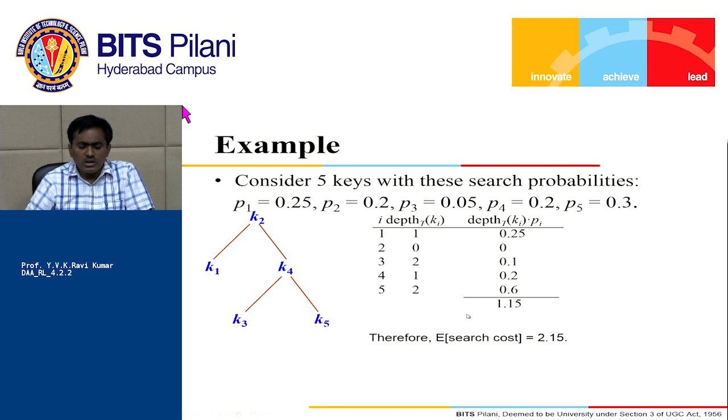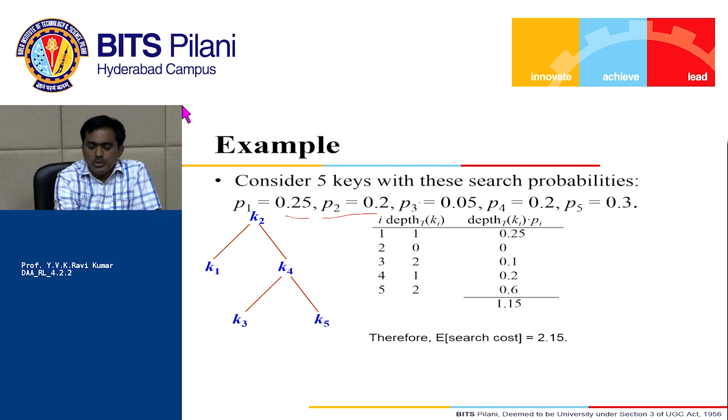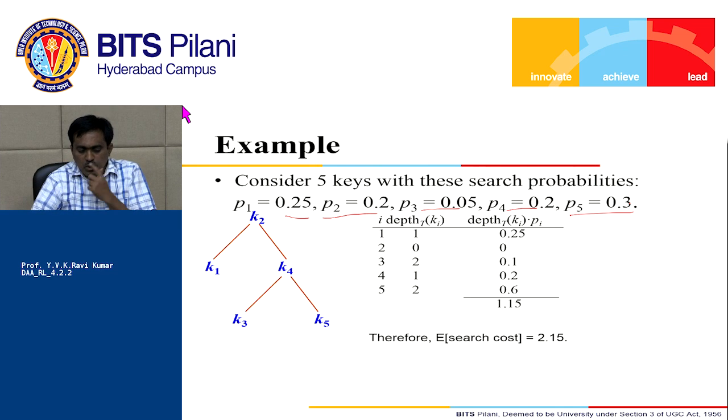Now we'll see how it works with an example. Consider 5 keys K1, K2, K3, K4, K5, where the corresponding probabilities are given by P1, P2, P3, P4 and P5. One approach is to take K2 as root and construct the binary tree.